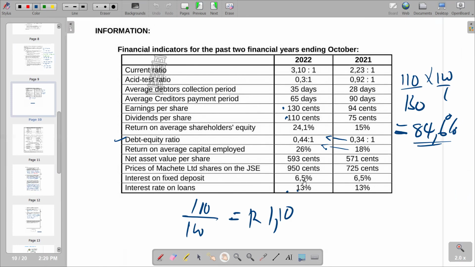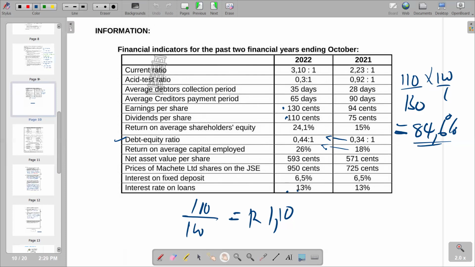From there, we can compare the return on shareholders' equity, which is 24.1%, with interest on fixed deposit, which is 6.5%. You'll see that the return on average shareholders' equity is greater than the interest on fixed deposits, which indicates that the return on the shares is more than the return earned in alternative investment.